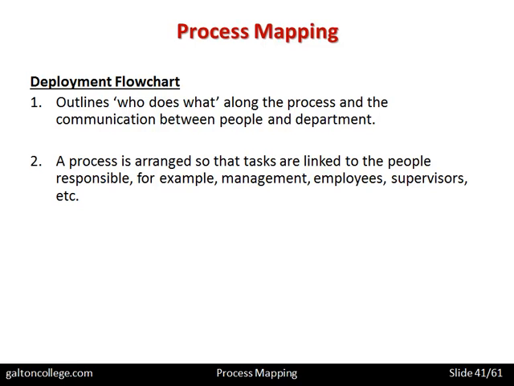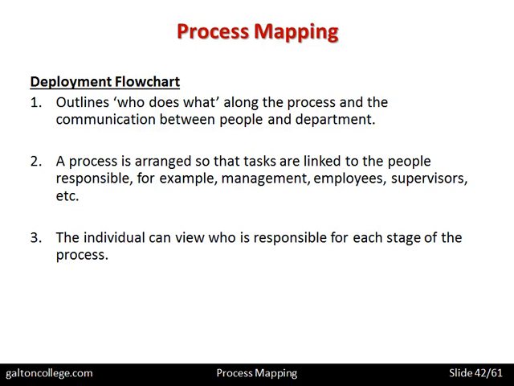So the right people are involved at the right stages. It may sound like common sense, but it's important that it's written down, understood, and there's a clear picture in the management's mind about what is happening in that particular process.